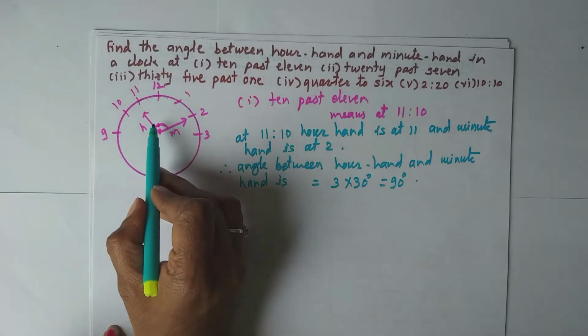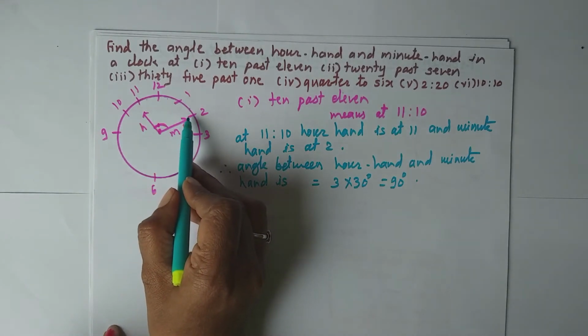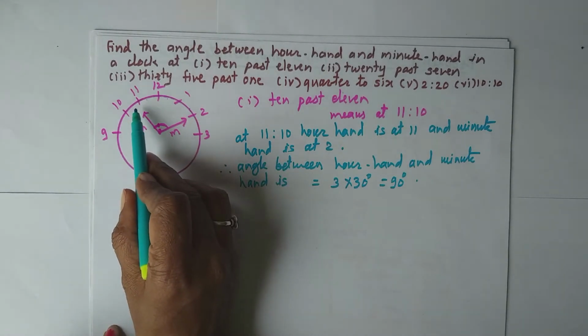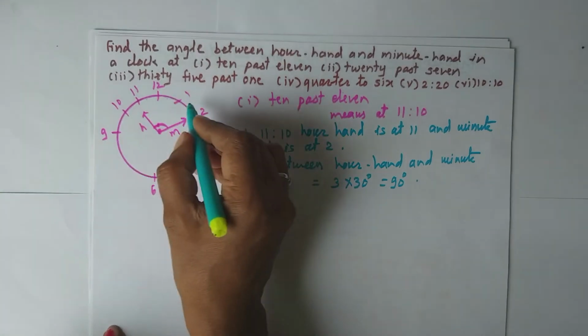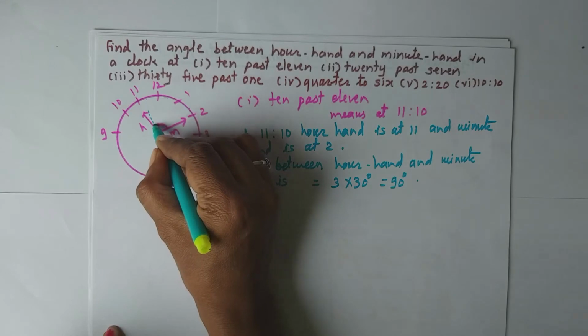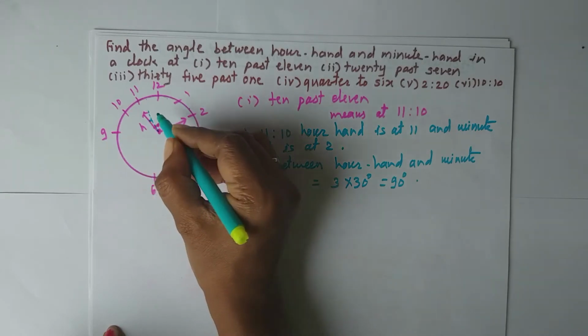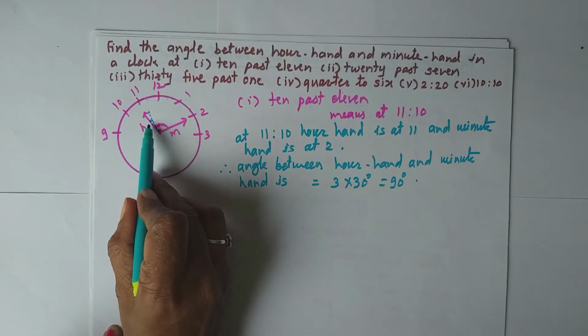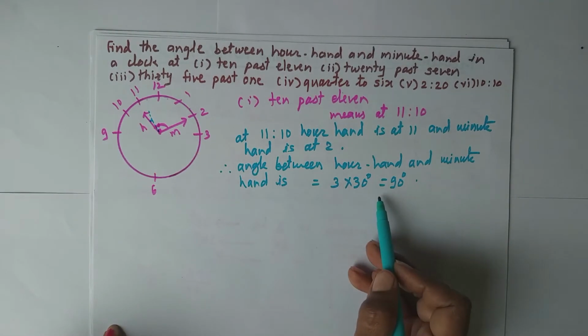But you see at 11:10 the hour hand is not exactly on 11, it is slightly moved towards 12. Means I have to subtract this much angle from this 90 degrees.